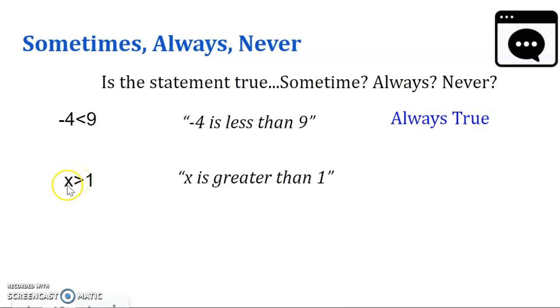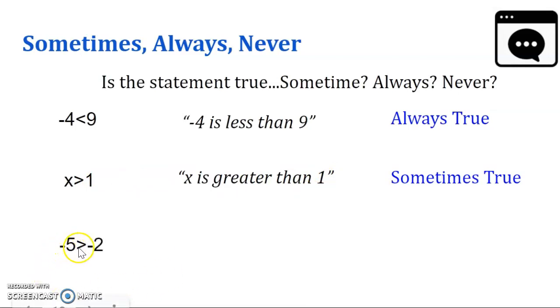Is it always true? Well, sometimes x could be zero. It could be negative 1. It could be any number below 1. So it's not always true. Is it ever true? Yeah, it is true when it is greater than 1, like 2, 3, 4, 5. So this is sometimes true.